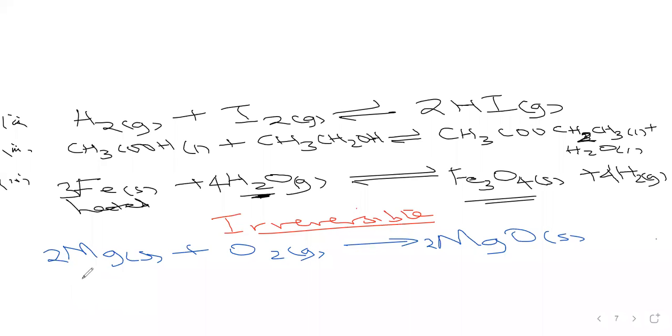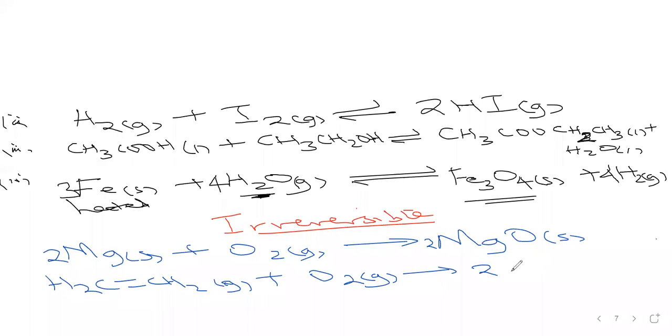The other reaction is, for example, between ethene and oxygen, for that combustion. Most of the combustion reactions are irreversible. It gives me carbon dioxide gas and the water.